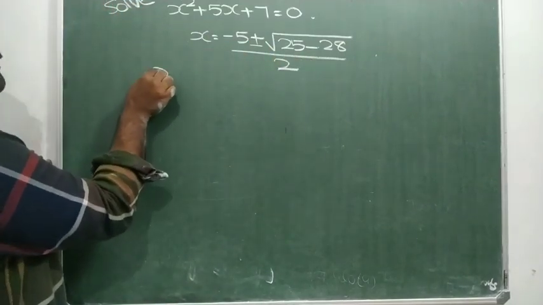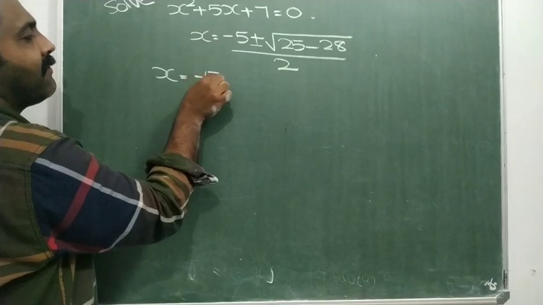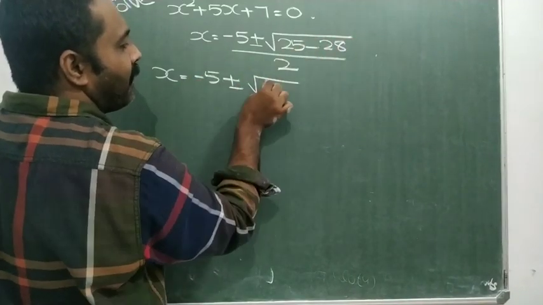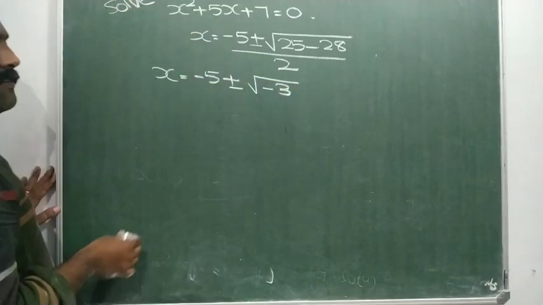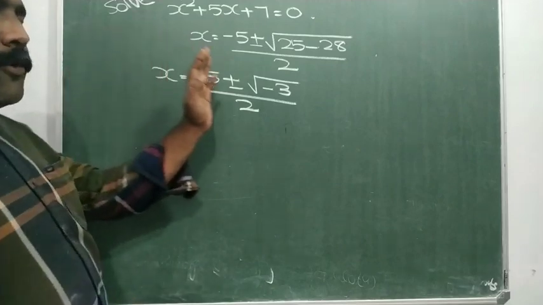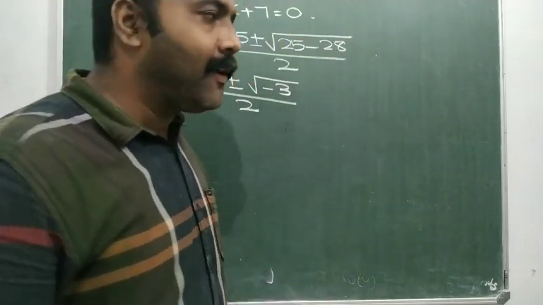Then x is equal to -5 ± √25 minus 28 by 2. Also b² - 4ac is less than 0.